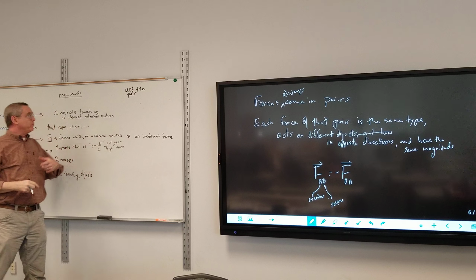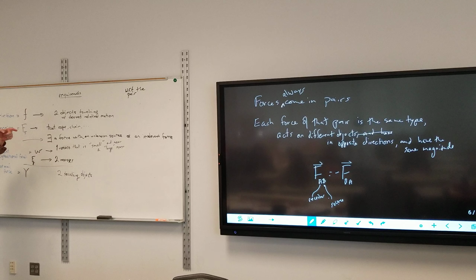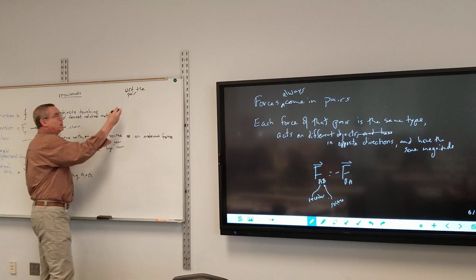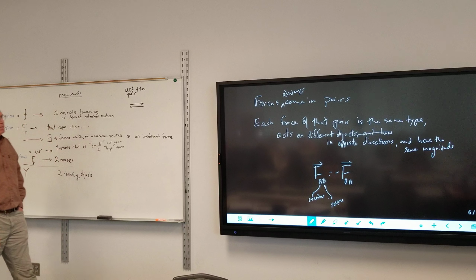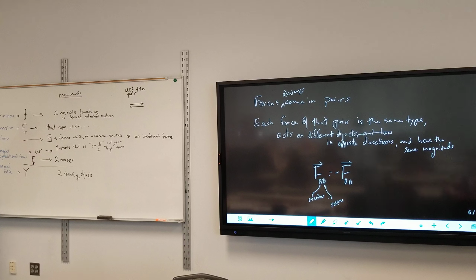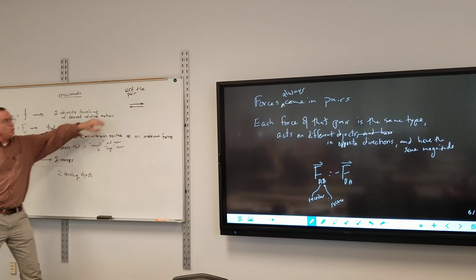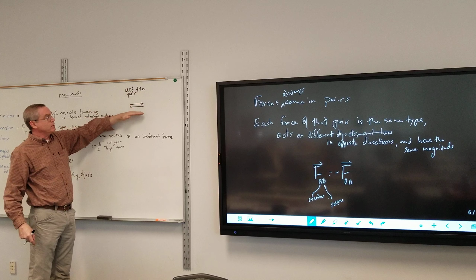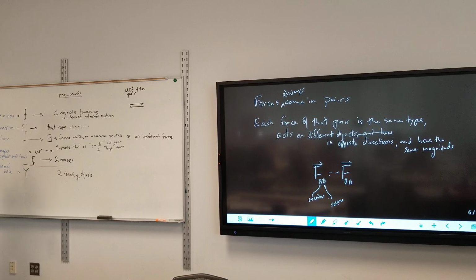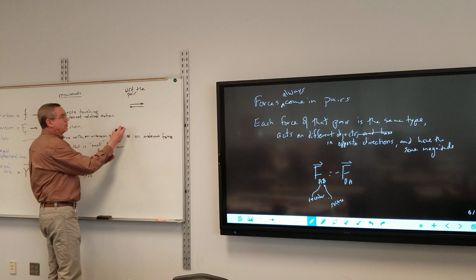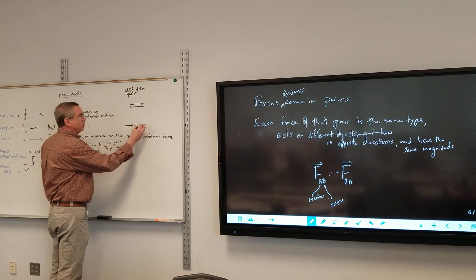So when I draw them, for example, friction, when I draw one of my friction forces, the other one is going to be parallel to it, or actually anti-parallel to it. You'll be drawing them on the surface, and they're going to be sort of overlapping like that. There'd be two objects here. This would be acting on one object. This would be acting on the other object. Tension, when I draw a tension, the pair of forces will be pointing towards each other.